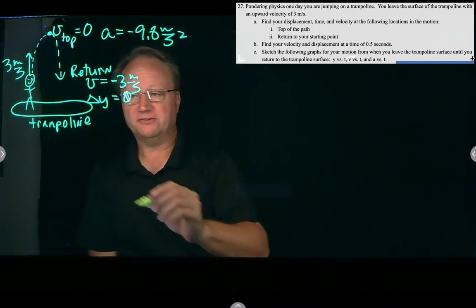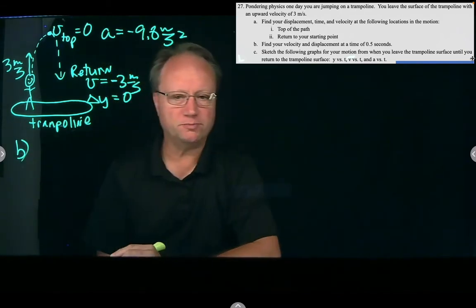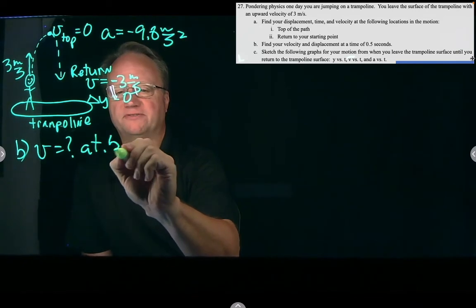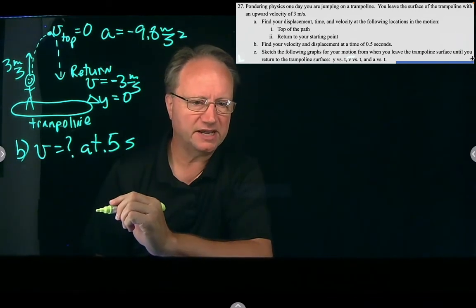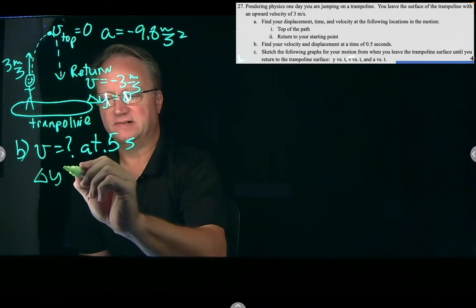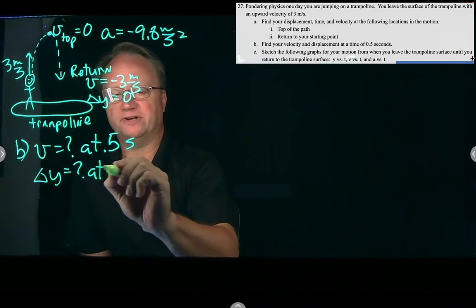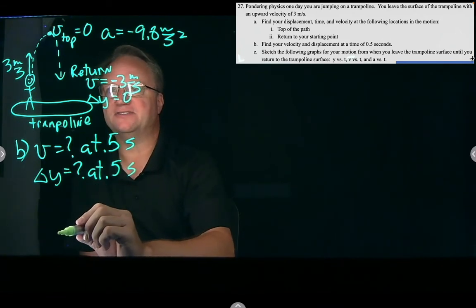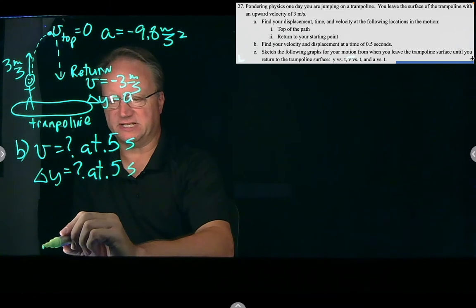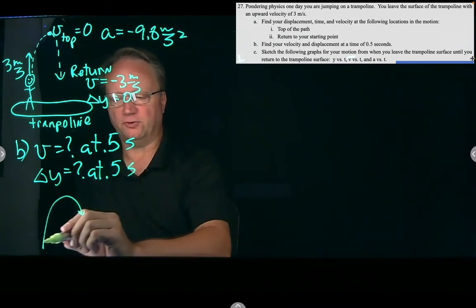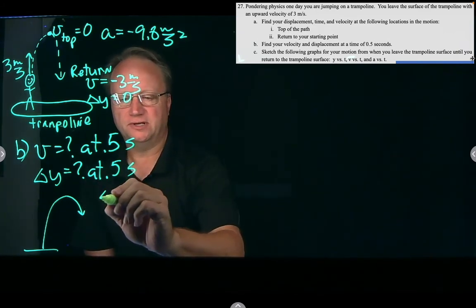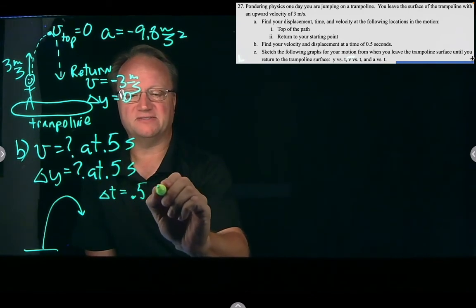Now, we want to find, again, on part B, the velocity at 0.5 seconds and the displacement at 0.5 seconds. So then on this interval, roughly at 0.5 seconds, we know it takes 0.31 to get to the top. My interval would go from the beginning to somewhere on the other side of the parabolic curve. So then about this interval, well, we know the time, 0.5 seconds.